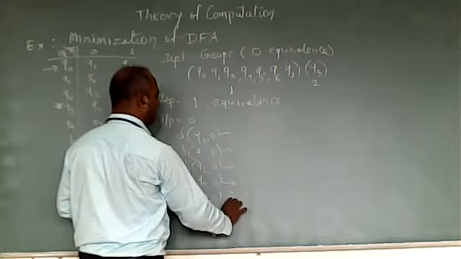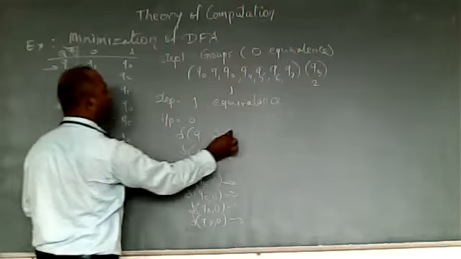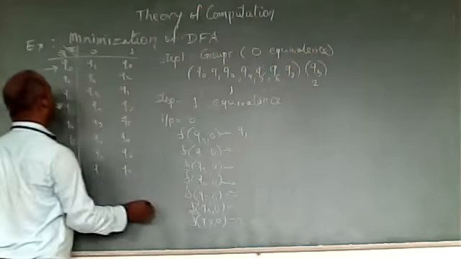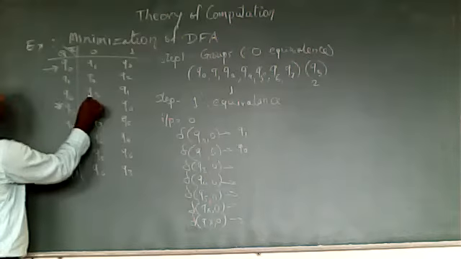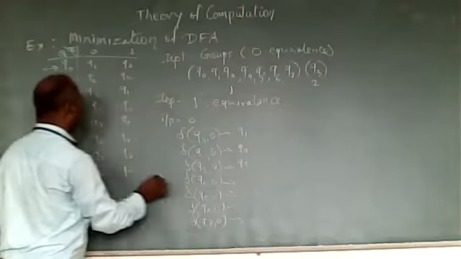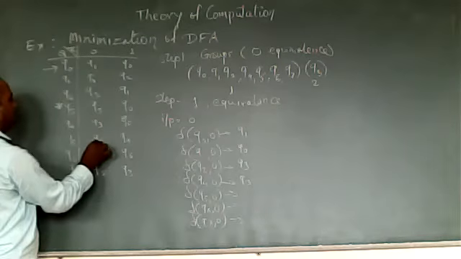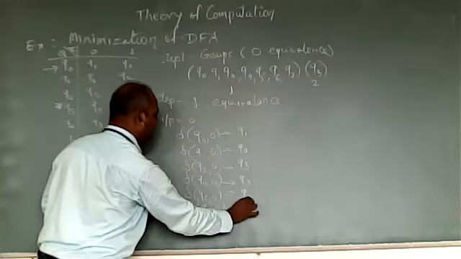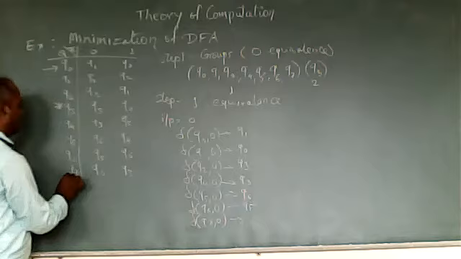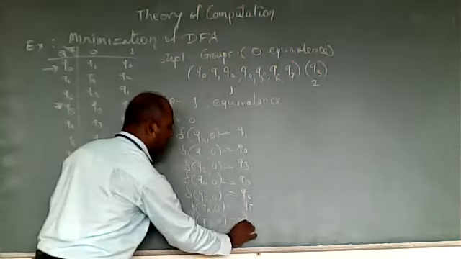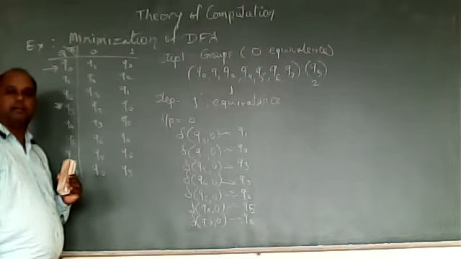Q0 with 0 goes to Q1. Q1 with 0 goes to Q0. Q2 with 0 goes to Q3. Q4 with 0 goes to Q3. Q5 with 0 goes to Q6. Q6 with 0 goes to Q5. And Q7 with 0 goes to Q6. These are the transitions.